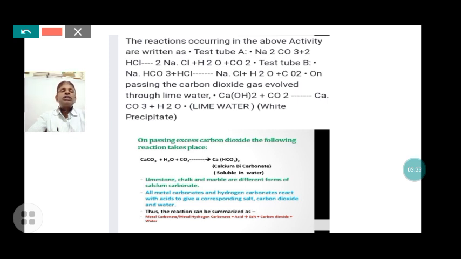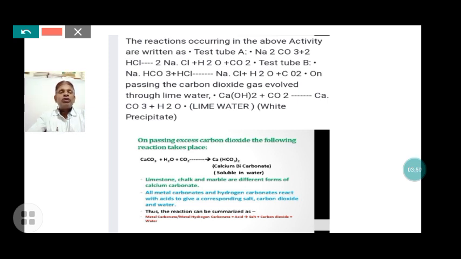Whenever an acid reacts with a metal carbonate, the corresponding salt, carbon dioxide, and water are formed. In test tube B, when sodium bicarbonate, sodium hydrogen carbonate, reacts with the acid, sodium chloride is also formed as a salt, along with water and carbon dioxide. This is the basic skeleton of the reaction of acid with metal carbonate or metal hydrogen carbonate.